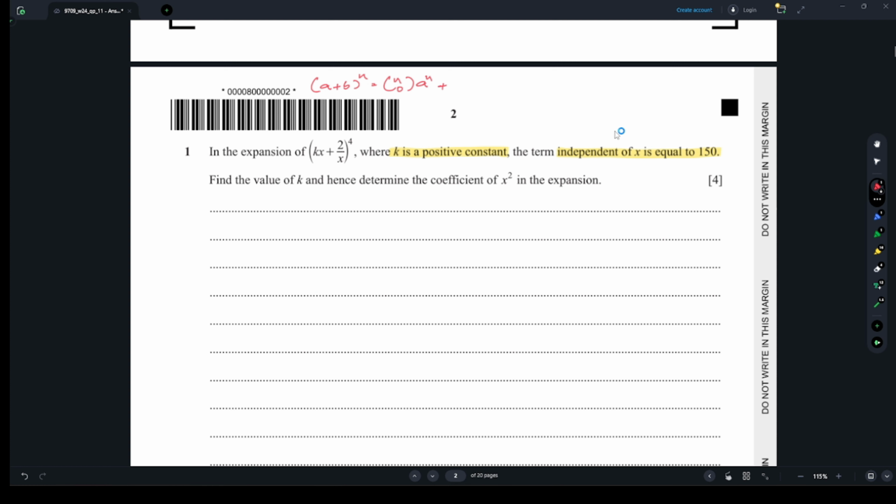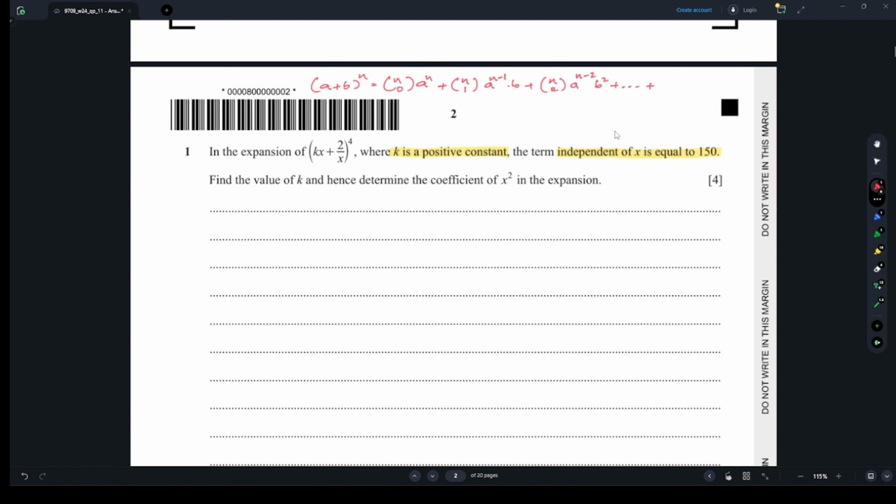So next it's nC1, a to the power n minus 1 times b, and then nC2, a to the power n minus 2, b to the power 2, plus, and so on.